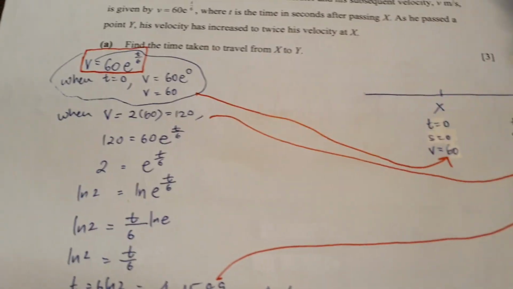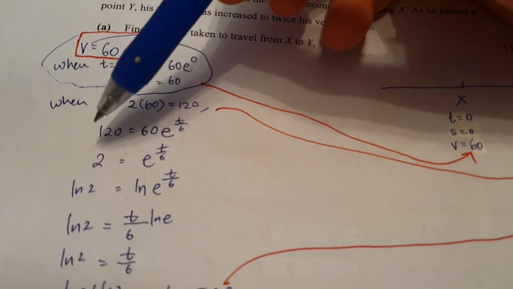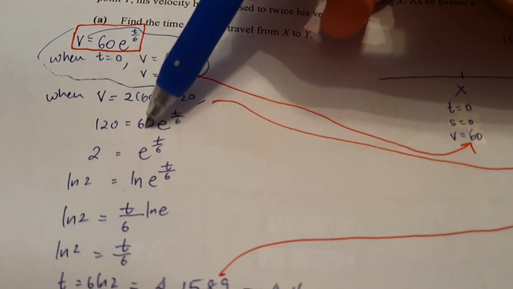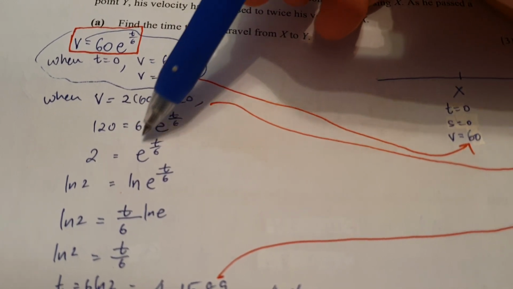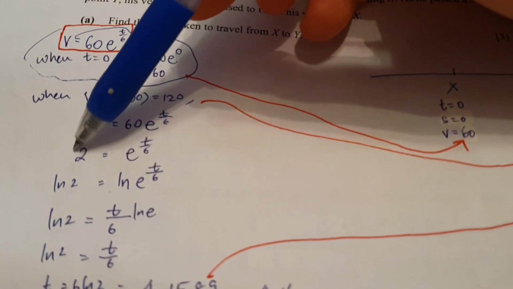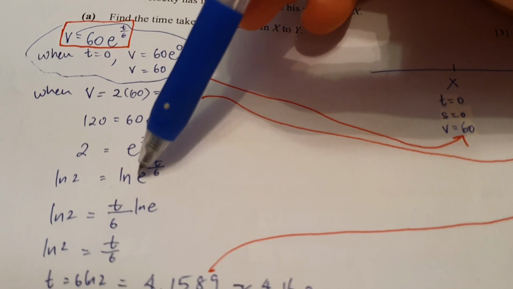Now I want to highlight something very important here, and that is how to solve this equation. Some of you are still taking ln of both sides immediately after this step. Cannot. You have to make sure that this is 1, then you go and ln. So you divide both sides by 60, you get 2 here, then you go and ln.